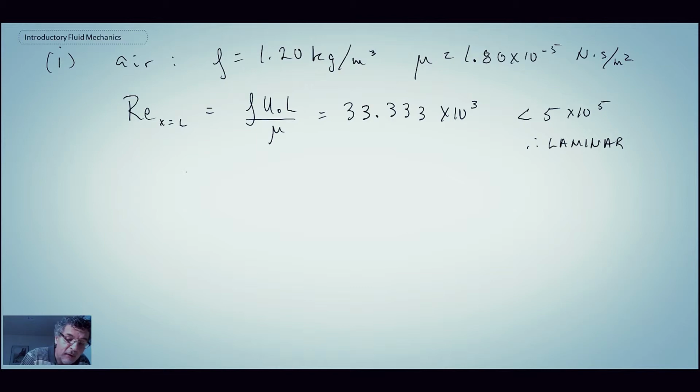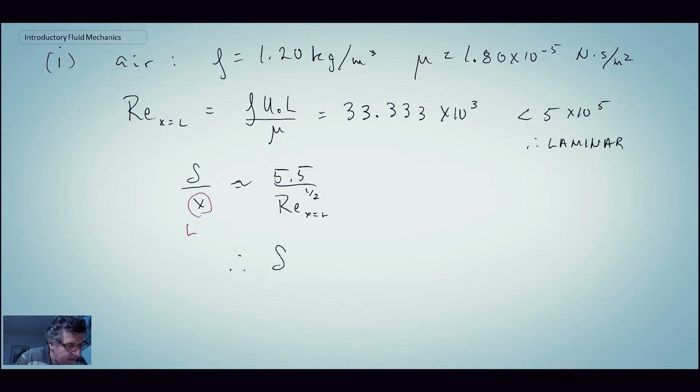So let's write out his equation. We have delta over x is approximately 5.5 divided by Reynolds number evaluated at x equals L to the 1/2. The x here is going to be the length of the plate.